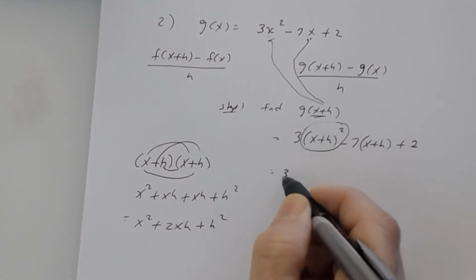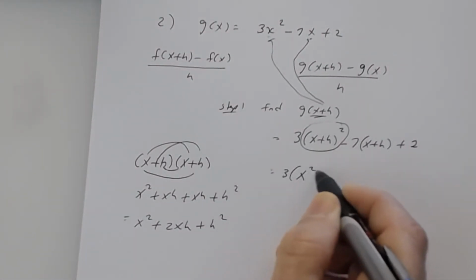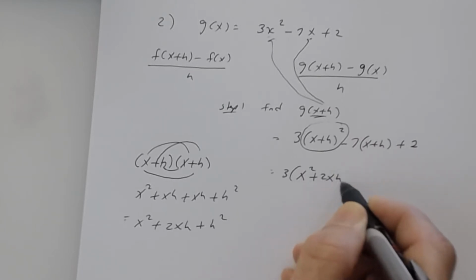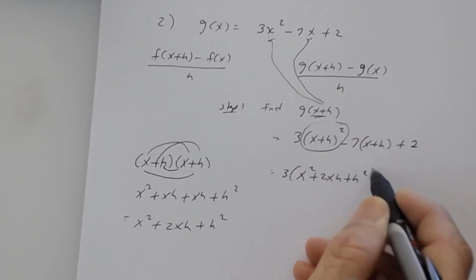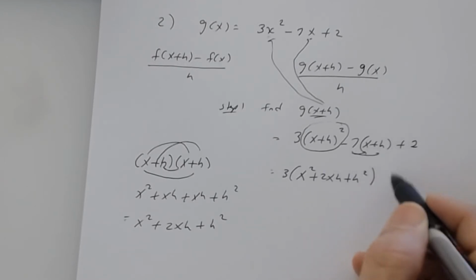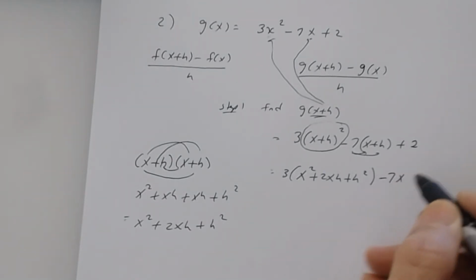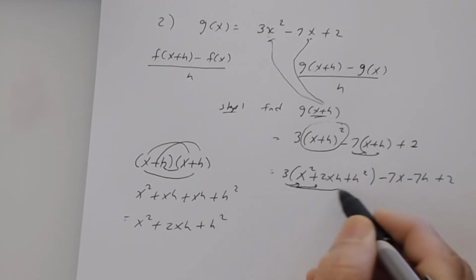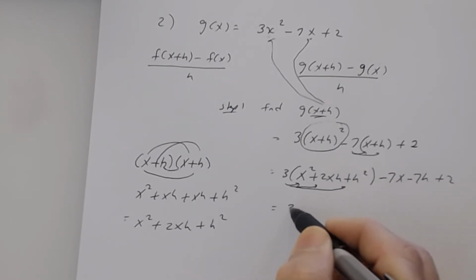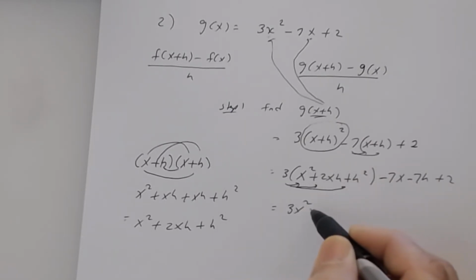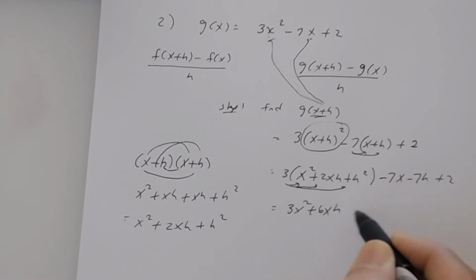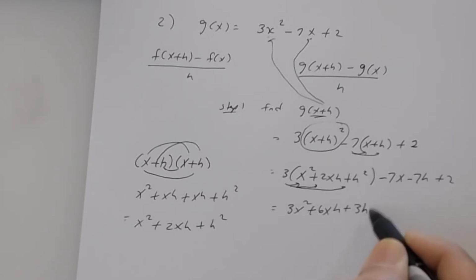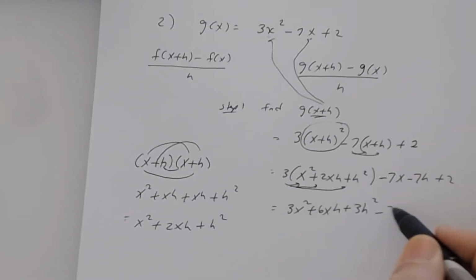So this will be 3 times x squared plus 2xh plus h squared. And then let's distribute this. That's going to become what? Minus 7x minus 7h plus 2. Distribute this. That becomes 3x squared plus 6xh plus 3h squared. And then I'm going to write everything else over.